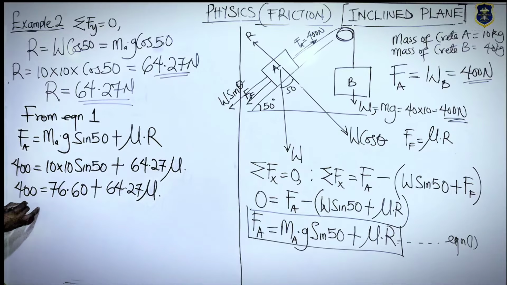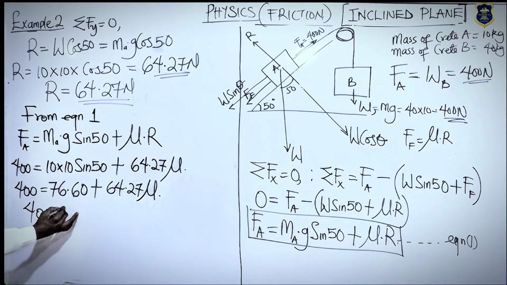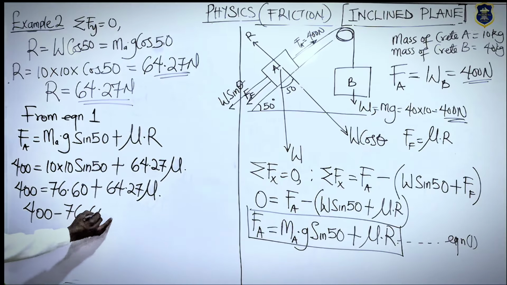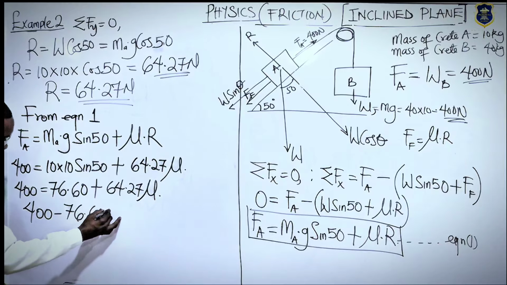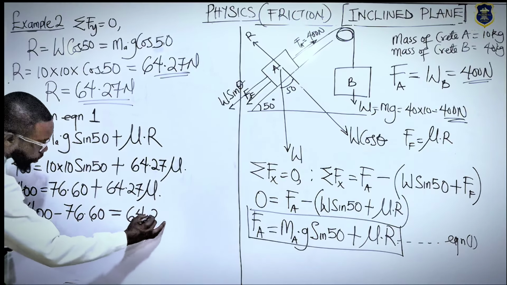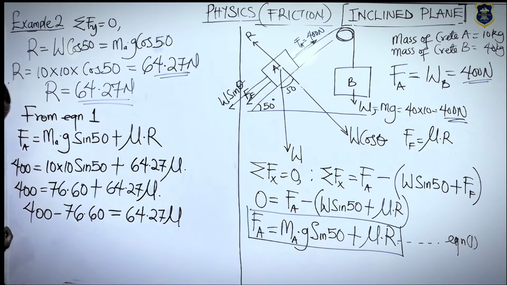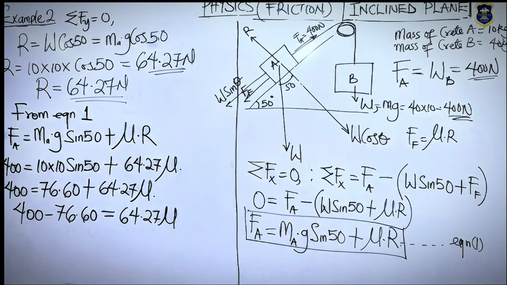If you collect like terms, we have 400 minus 76.60 equal to 64.27 mu. By subtracting, 400 minus 76.60 gives us 323.4. So 323.4 is equal to 64.27 mu.